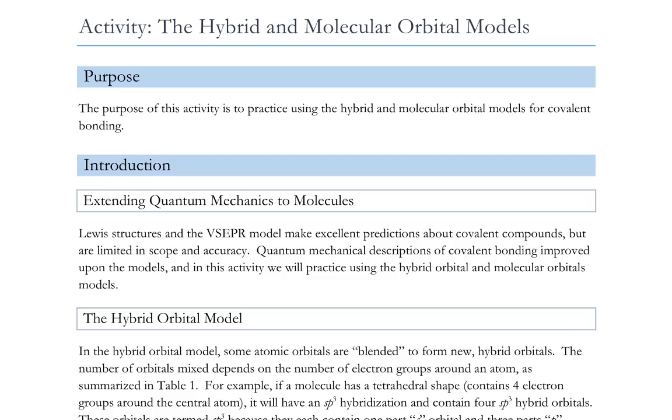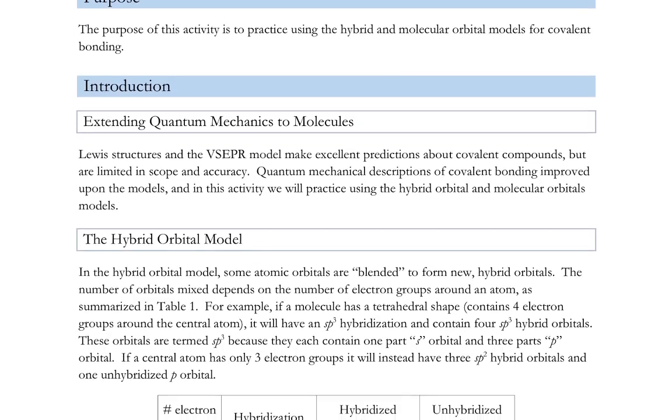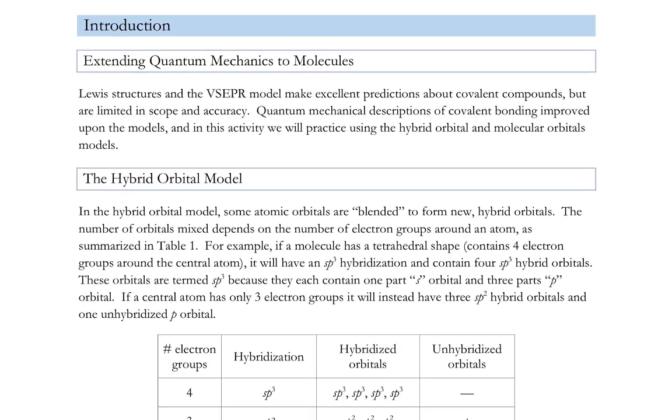For the hybrid orbital and molecular orbital models activity, we start by working with the hybrid orbital model, and then we get into the molecular orbital model. The hybrid orbital model is one where we imagine a bond to be formed when orbitals overlap and electrons are in that region of overlap.